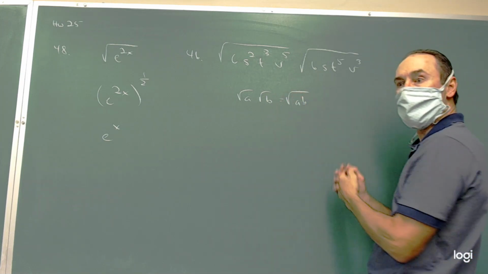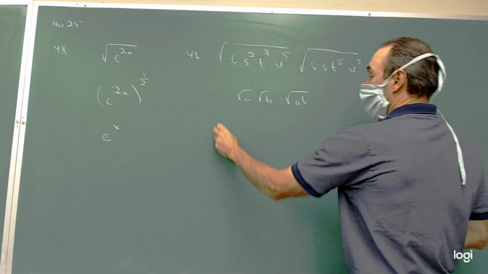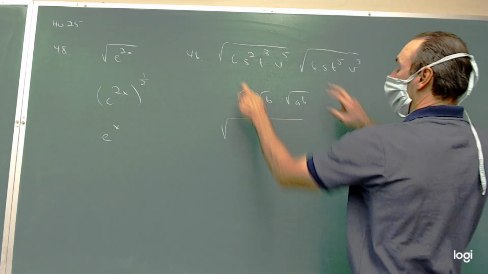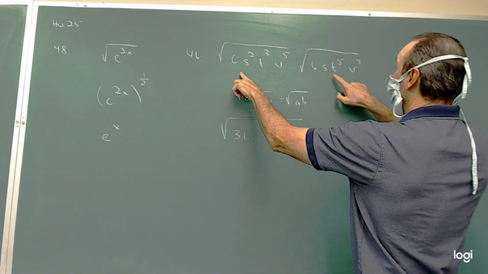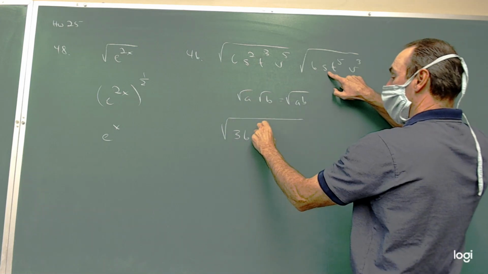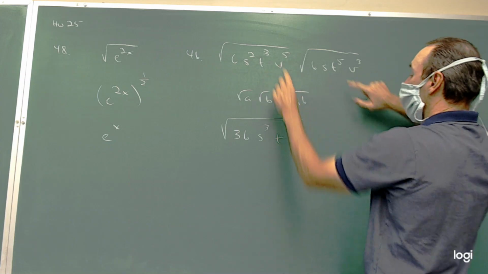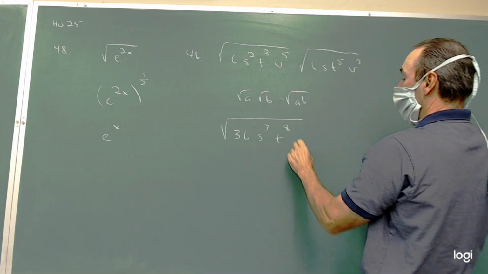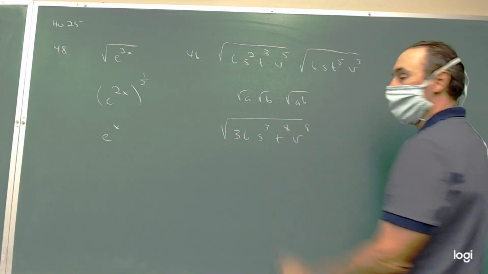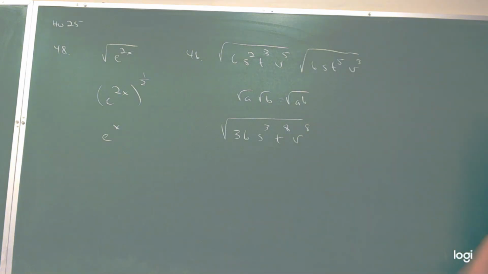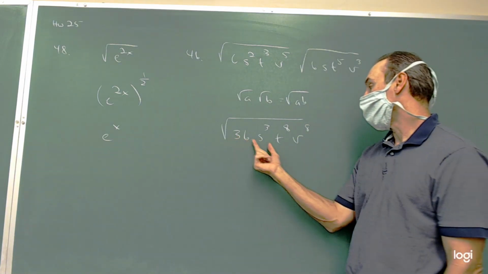You can multiply their insides. So if we do that, then we're going to get a 36, and we'll add the exponents and get s to the 3rd. You with me there? And then we'll add the exponents and get t to the 8th, and add the exponents and get v to the 8th. Now, from here, we can break this apart.